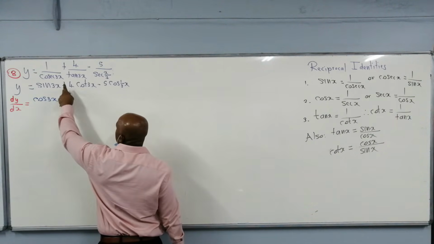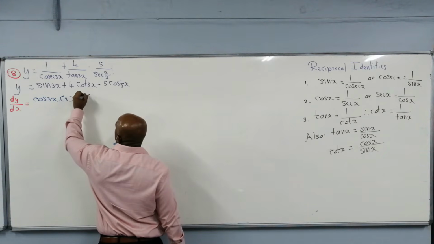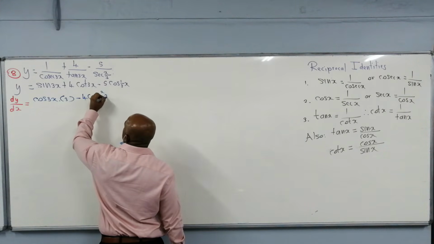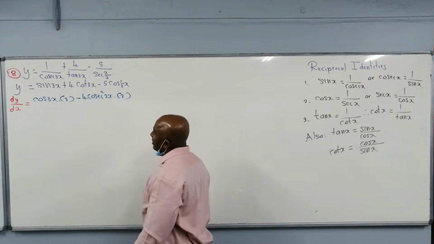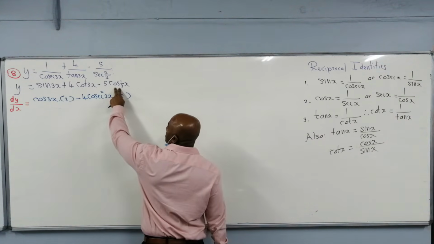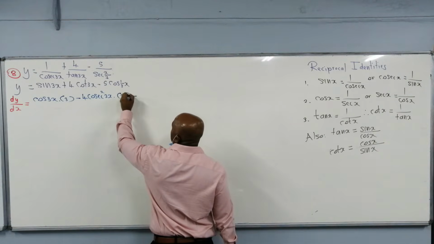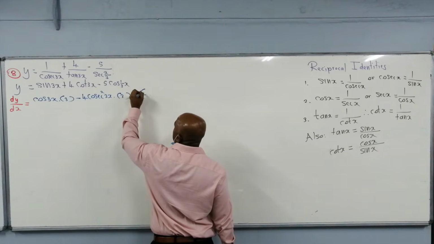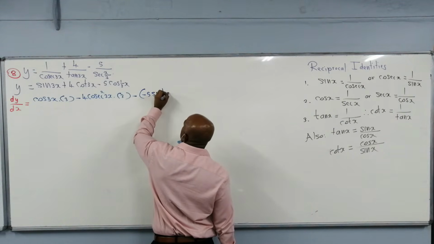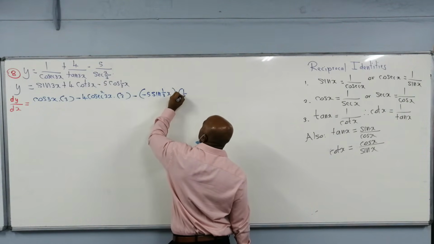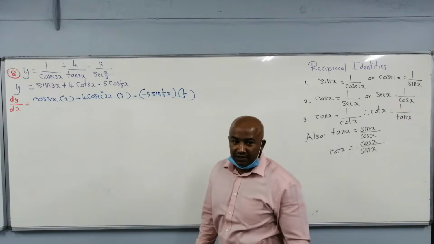Here we got cot, the derivative of cot is negative cosec squared of 3x times the derivative of 3x there, which is 3. And here you got cos. Check your table. The derivative of cos is going to be negative sine 1 over 3x times 1 over 3.